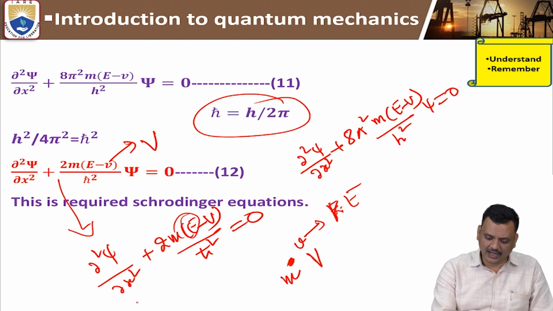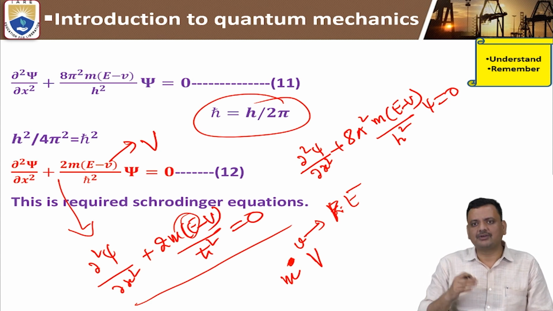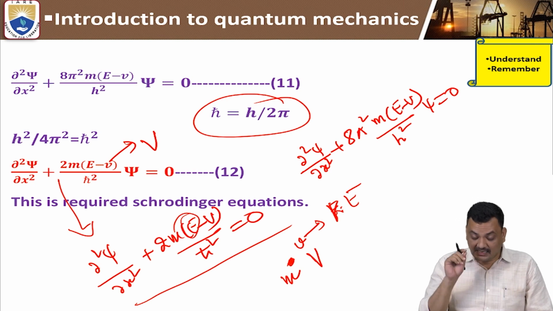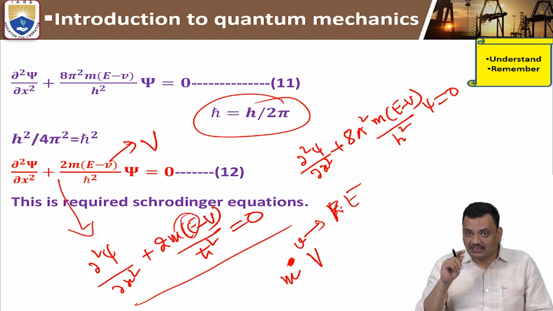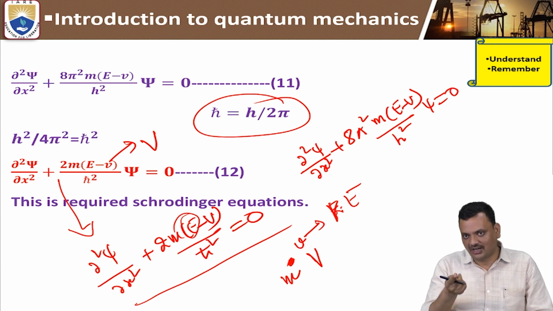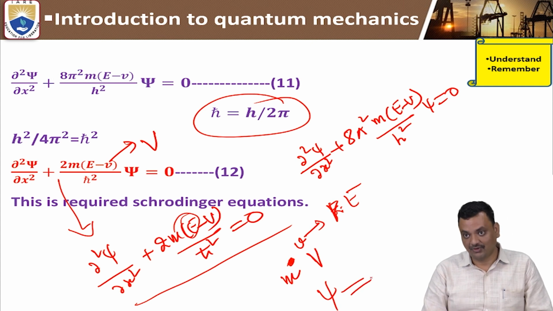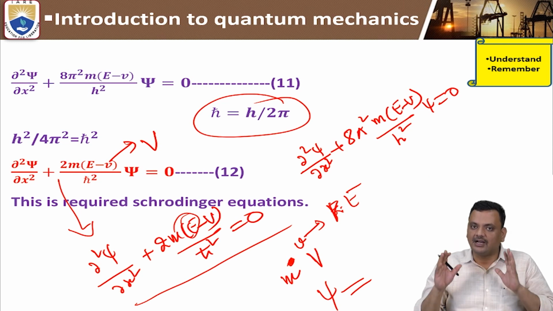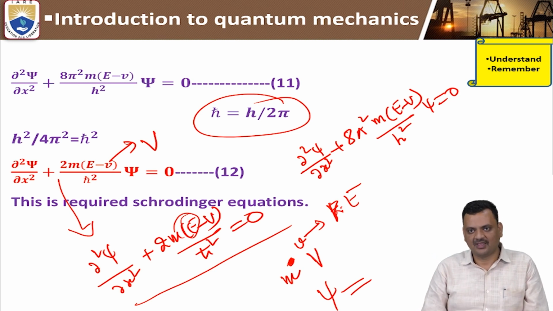So you can easily write down the wave equation of that matter wave, and that wave equation is known as the Schrodinger equation. Solving this Schrodinger equation will give you the wave function. The solution of this equation will provide the wave function, and that wave function contains all the information of that moving particle. That is the beauty of quantum mechanics.